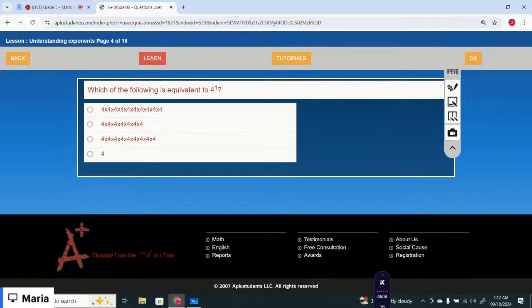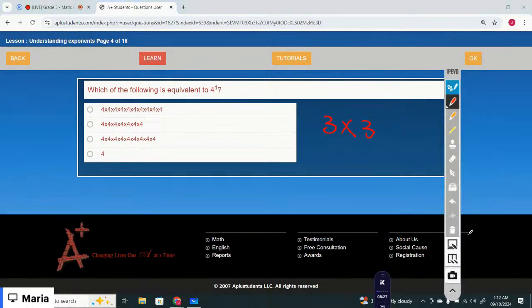Which of the following is equivalent to 4 exponent 1, right? That is just 4 exponent 1. That means that equals 4.